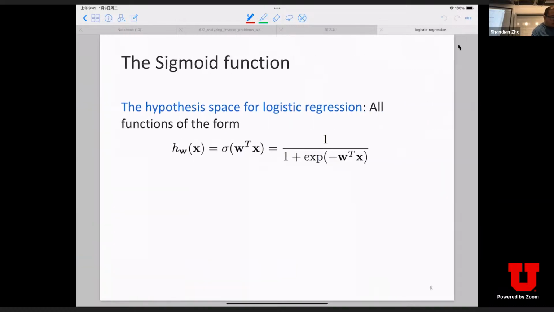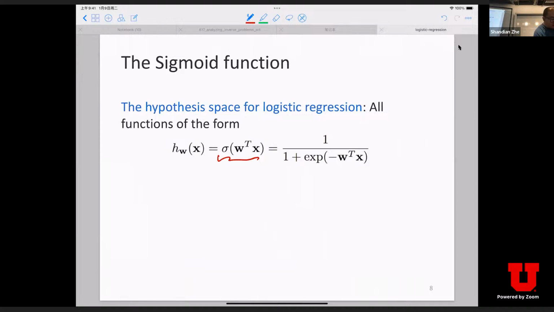And here, for the logistic regression, we're going to use a very simple hypothesis space. So we model this probability, given X, that the label of X is 1, as a sigmoid function composed with a linear combination of x.